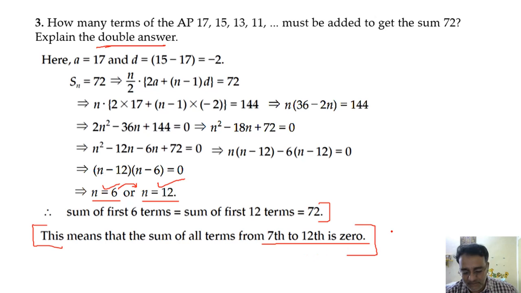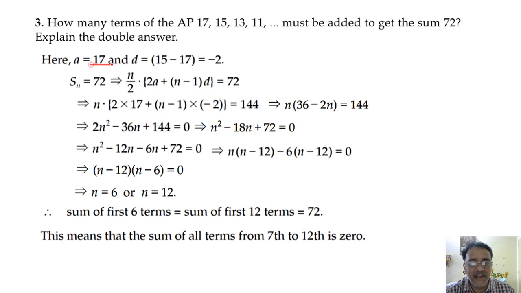Yes, sir. Okay, fine. If we want to show it, how will we show it? What is the 12th term? a plus 11d. Here a is 17, and 11d is minus 22. 17 plus minus 22, how much are you getting? Minus 5.